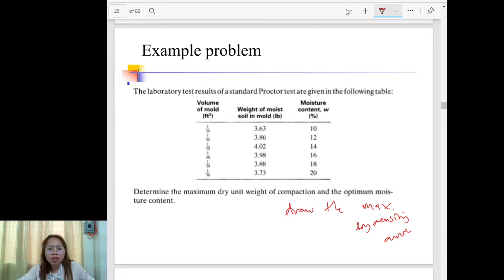So, we have there a table now. We have the volume of the mold, 1/30 feet cube, and the weight of the moist soil in the mold in pounds, with different weights of moist soil. And the corresponding moisture content is given, no?